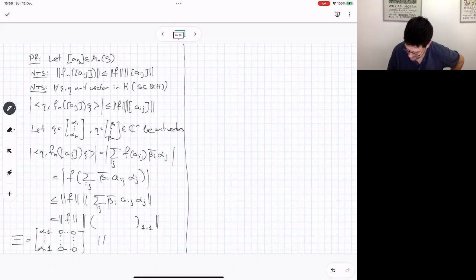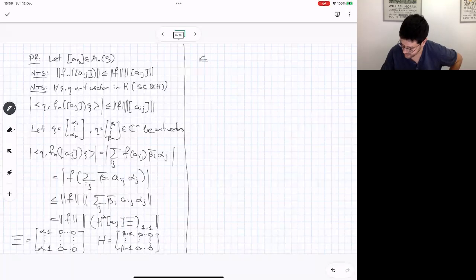And capital Eta, that will be the same thing with beta. And here I will have eta star Aij psi. So it is, of course, less than or equal to the norm of F.